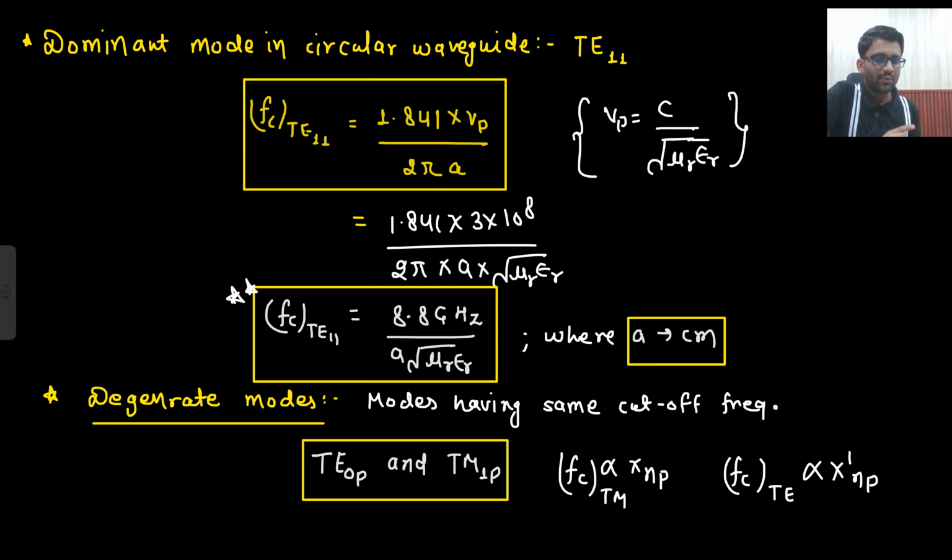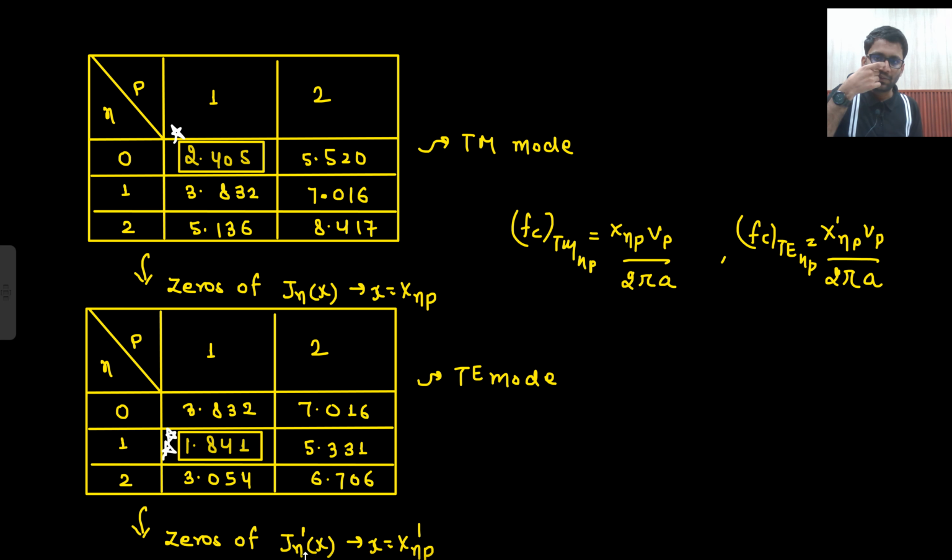Right? Now you see one thing. What do you see? TE0P, in this table, and TM1P, in this table. You see both of these tables. This is the table of X dash NP for TE where N is 0 and P is changing. And this is the table of TM1P.